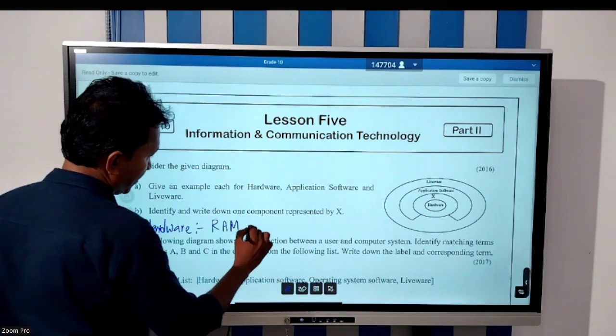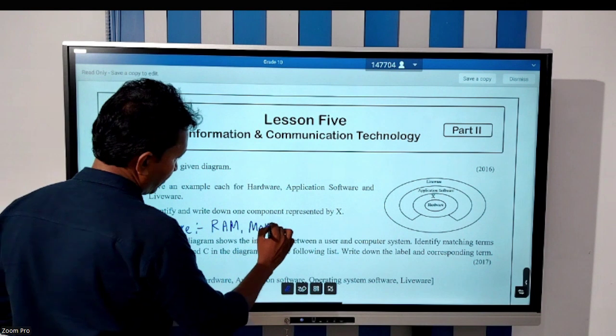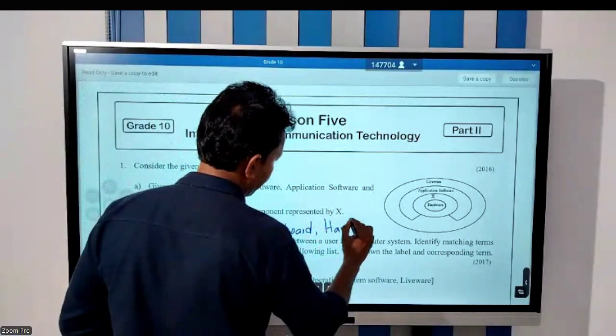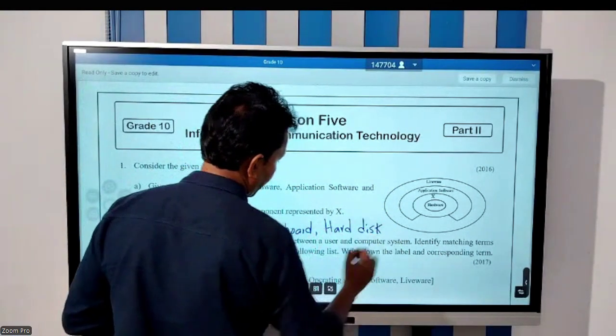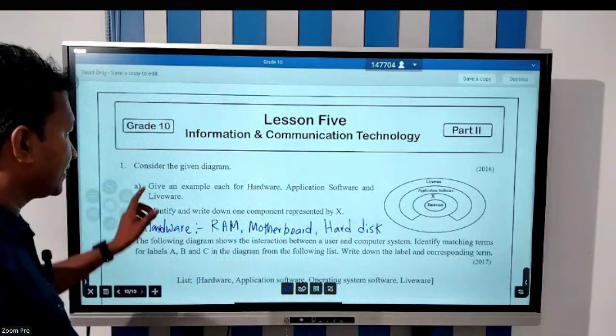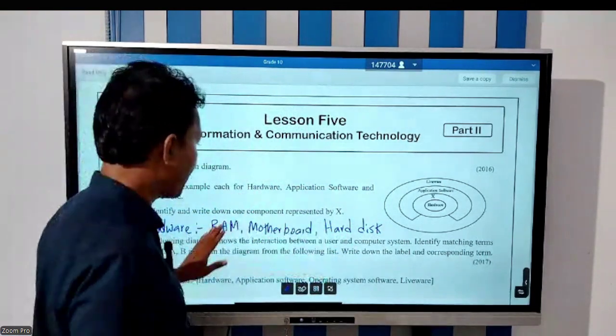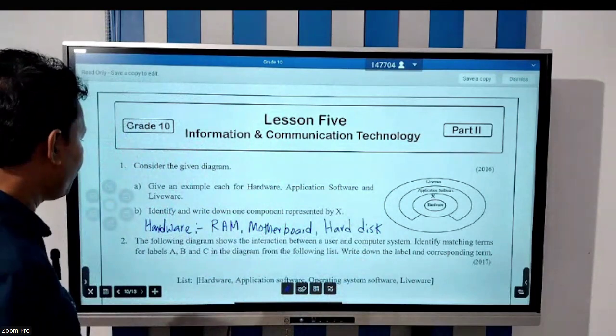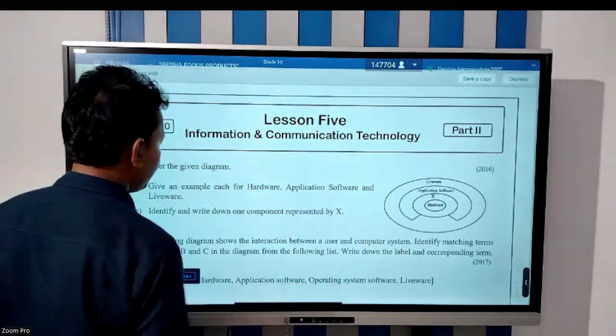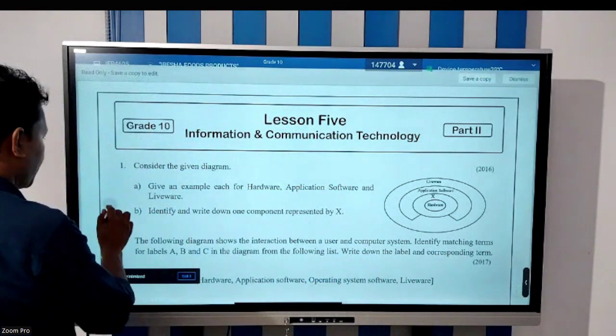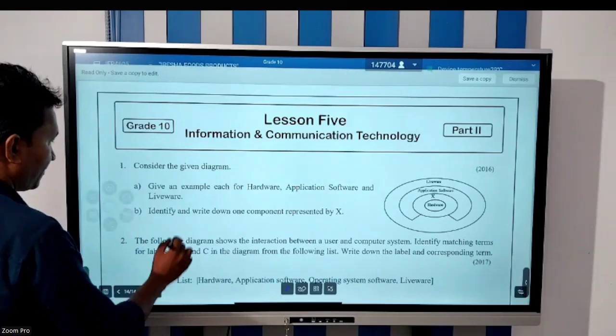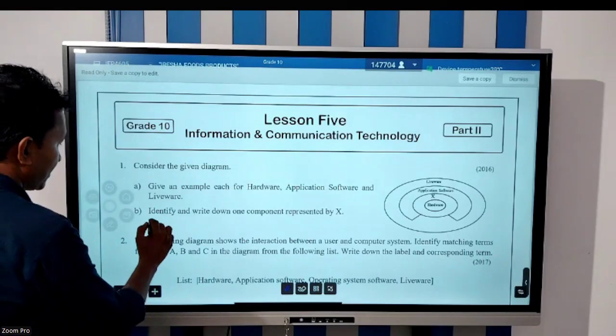RAM, motherboard, hard disk, like that. Those are hardware, right? Then application software. So we can write any application software. What are the application softwares?